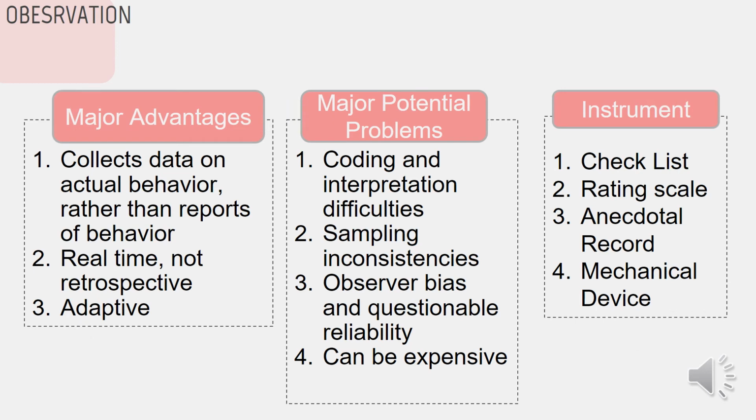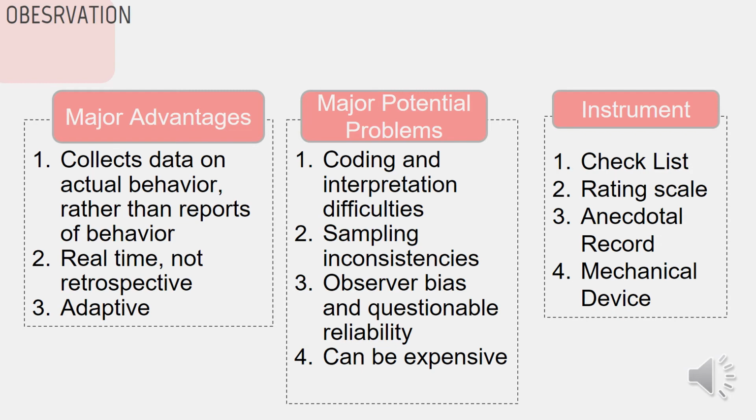Major advantages: 1. Collects data on actual behavior rather than reports of behavior. 2. Real time, not retrospective. 3. Adaptive. Major potential problems: 1. Coding and interpretation difficulties. 2. Sampling inconsistency. 3. Observer bias and questionable reliability. 4. Can be expensive.